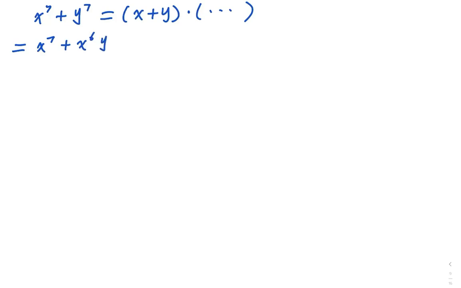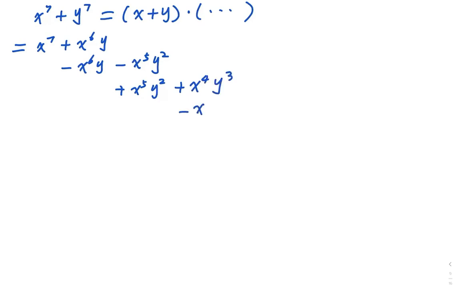Now we can do the same thing for x to the power 7 plus y to the power 7. Write it as a product of x plus y times something. Then this is what we do. x to the power 7 plus x to the power 6 times y. Then minus x to the power 6 y, minus x to the power 5 y squared, plus x to the 5 y squared, plus x to the power 4 y cubed.